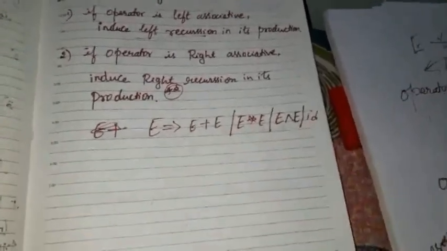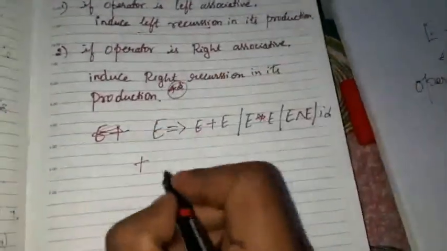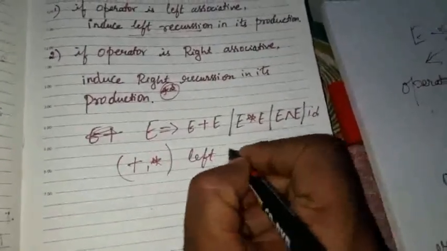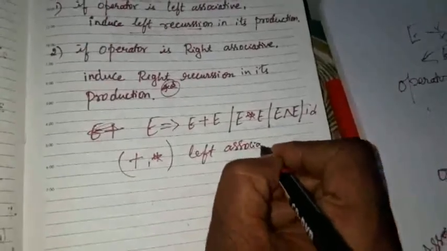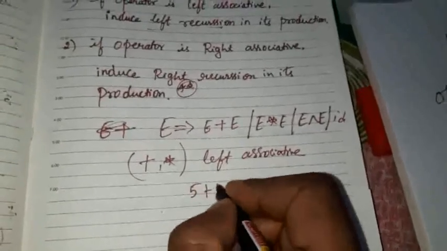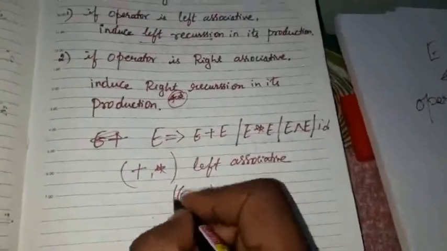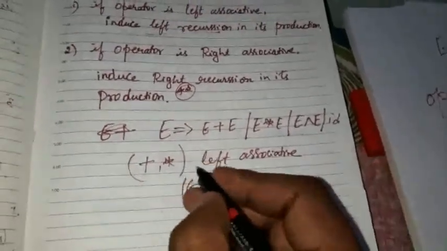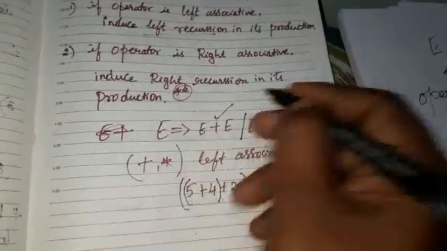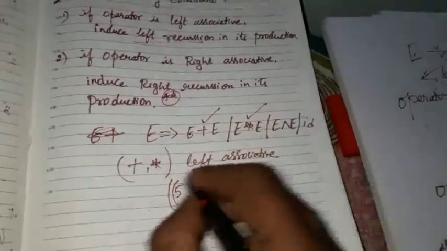Now we can assume plus and star as left associative. That is, if I have 5 plus 4 plus 2, first I can add these two, later I can add these two. That is the meaning of left associative. This star as well as plus can be left associative like this.